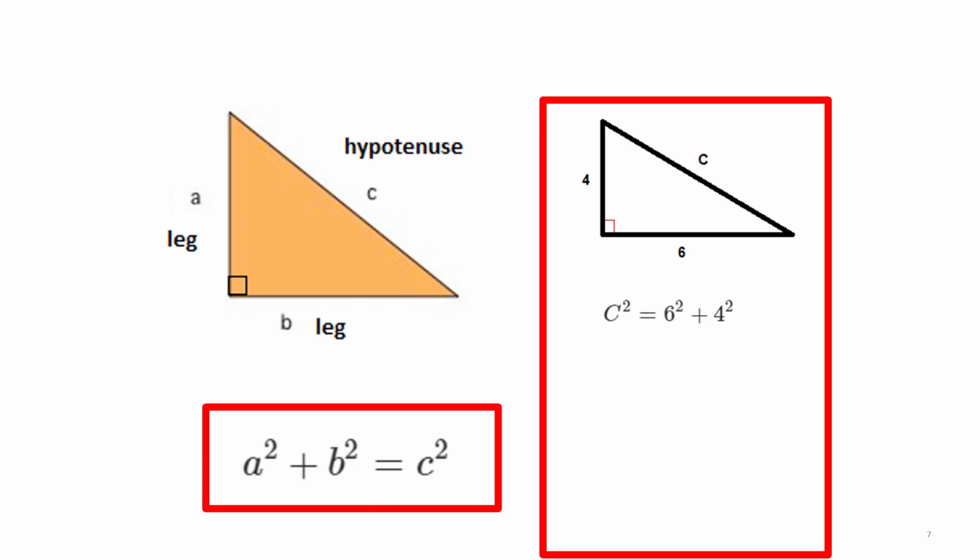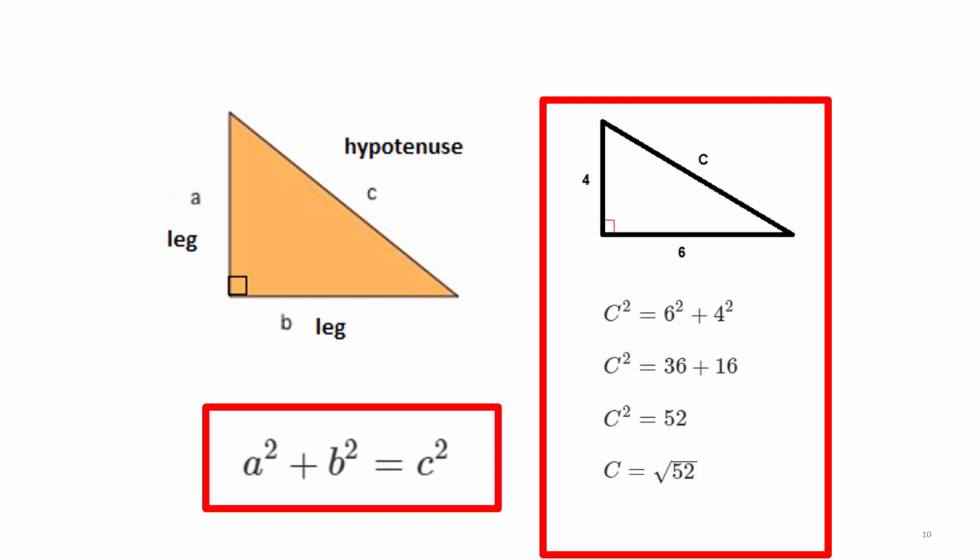So if leg A is 4 units in length and leg B is 6 units in length, then we can find the length of the hypotenuse squared by setting c squared, that's the hypotenuse squared, equal to 6 squared plus 4 squared, or 36 plus 16, which sums to 52.